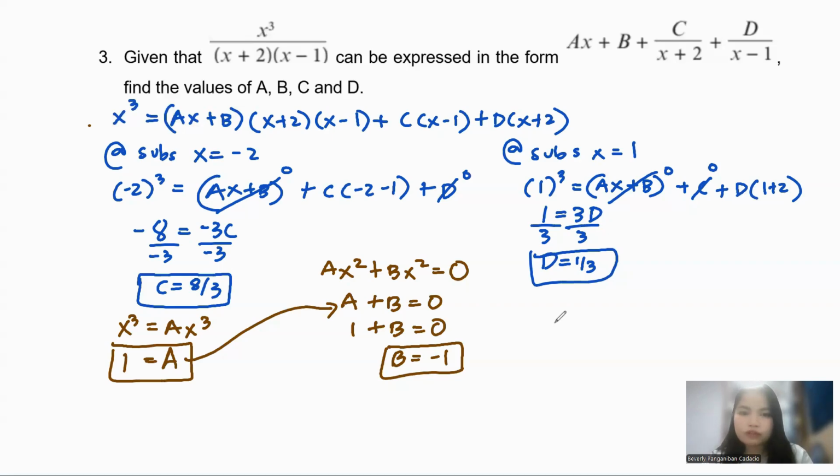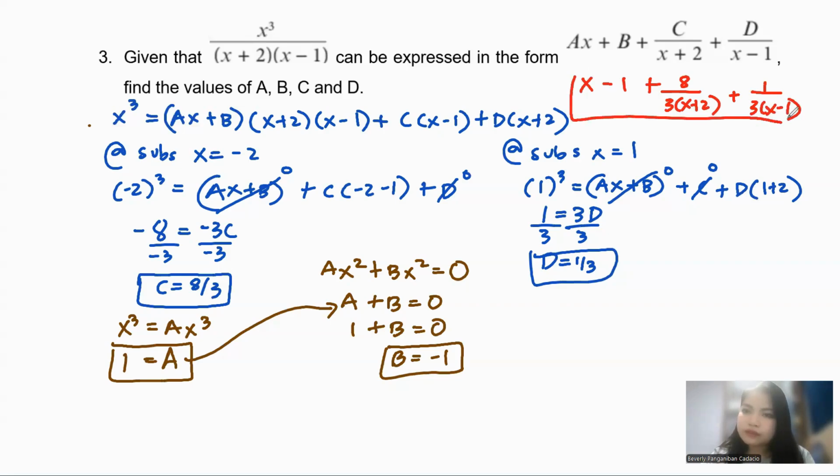Okay, so you're going to have this one will be 1x, but I will not write it anymore, negative 1, plus 8 over 3, x plus 2, and then you're going to have plus 1 over 3 x minus 1. And that's it.